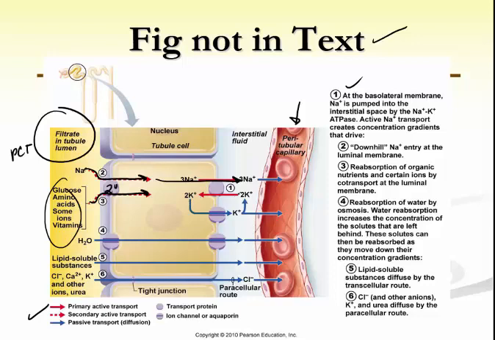And the potassium that's coming in with that ATPase will just facilitatively diffuse along its concentration gradient back out to the interstitial fluid. Water can come in through simple diffusion, but a lot of it will come in through facilitated diffusion. Lipid-soluble substances such as urea and water will come in and right back out the other side through simple diffusion.